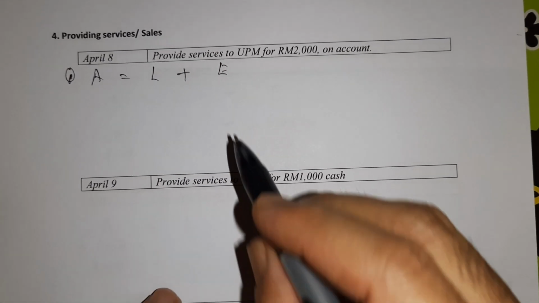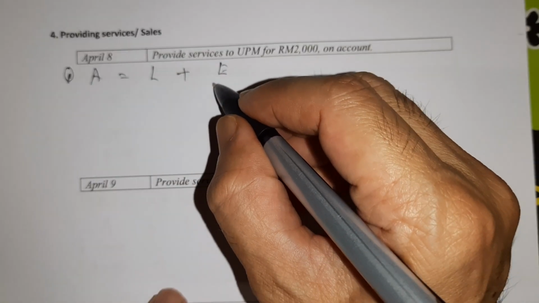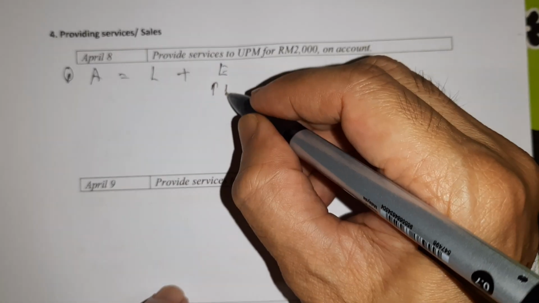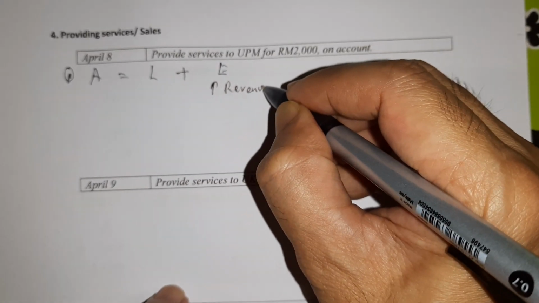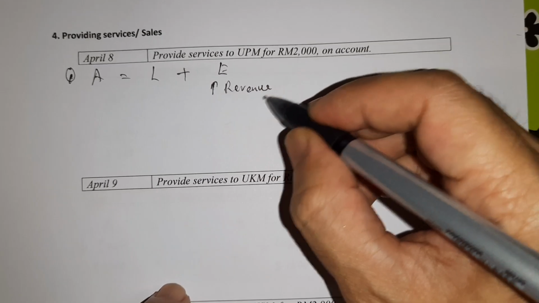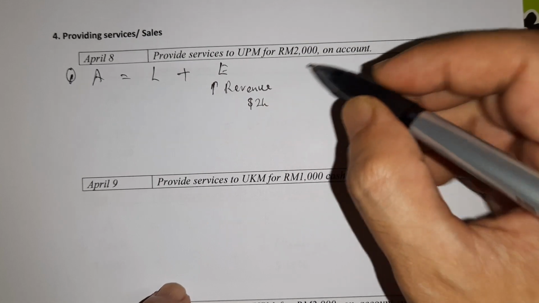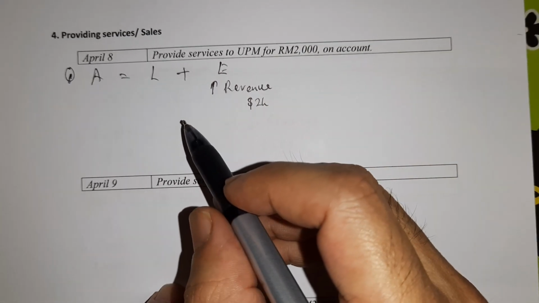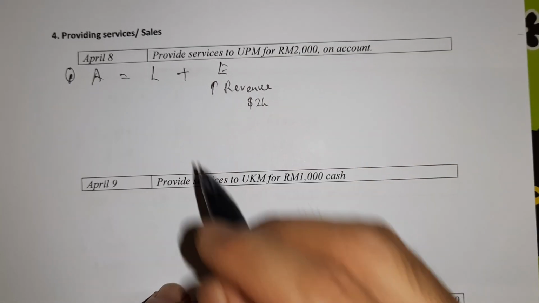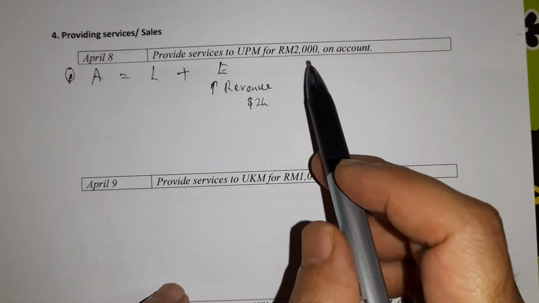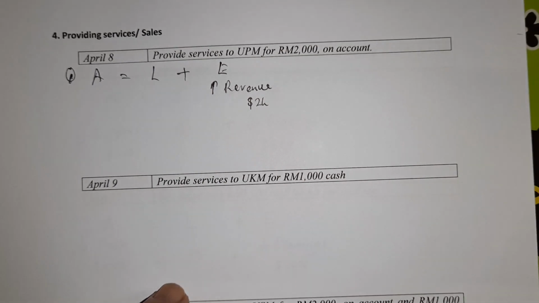So revenue increase means equity increase. The name of the account is revenue. The amount is 2,000. On account means UPM does not pay the business yet. UPM owes money to the business.